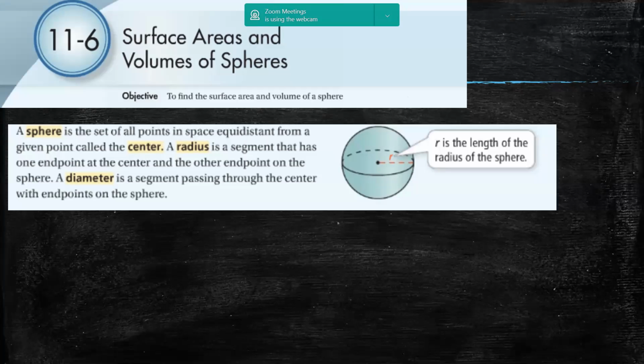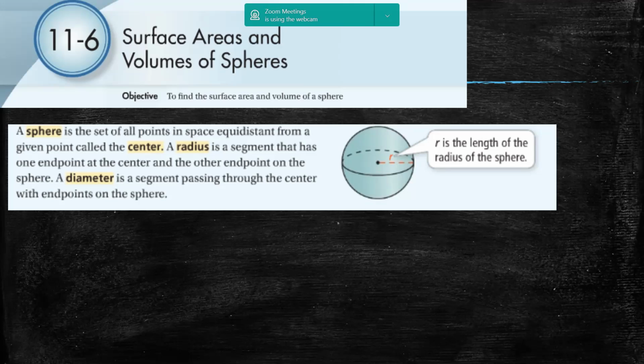A sphere is the set of all points in space that have an equal distance, or equidistance, from a given point. We call it the center. It's like a circle: it has a center, and all the points on the sphere are at an equal distance from the center. And there's also a radius.